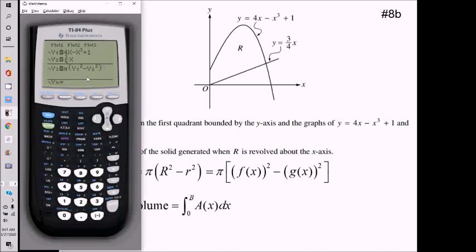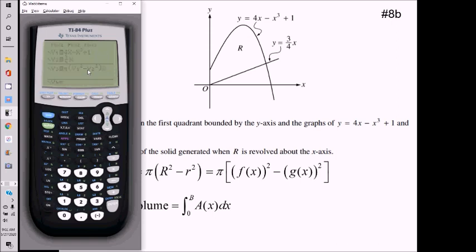To make things a little easier on myself, I'm going to do most of my work in my y equals on the calculator. So for this a function, I basically need pi times f of x squared minus g of x squared. Notice that I have f of x entered as my y1, g was my y2, so I'm doing pi times y1 squared minus y2 squared, and I did alpha trace to get the y1 and the y2.